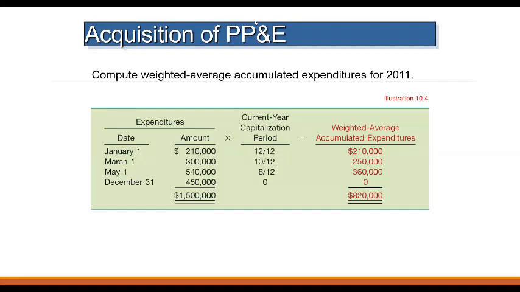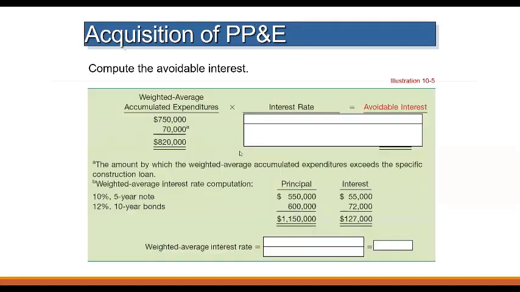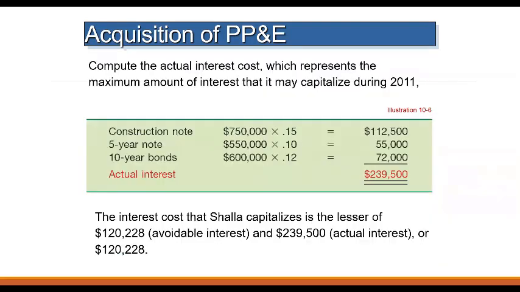820,000 as weighted average accumulated expenditure. Then we will go to find out the actual interest and the avoidable interest. If we are looking here, in order to find out the actual interest, I got the 3 debts as you can see here.